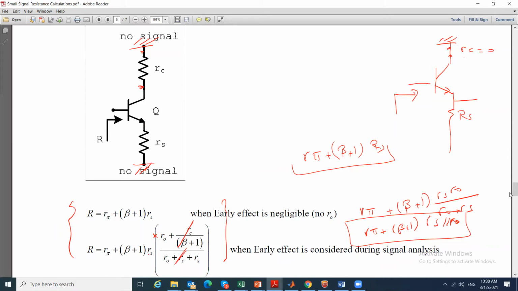So in both cases, RS or its effective parallel with RO, which is reasonably large, gets multiplied by beta plus 1, so it has a large Rin. And beta sometimes is around 100. Therefore, this type of amplifier, although its gain is equal to 1, helps me get a large input resistance.